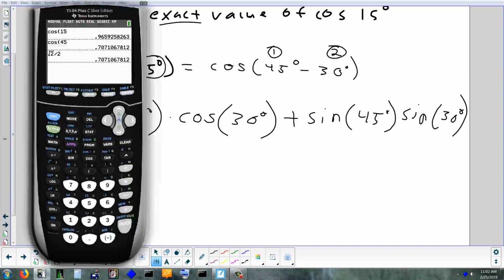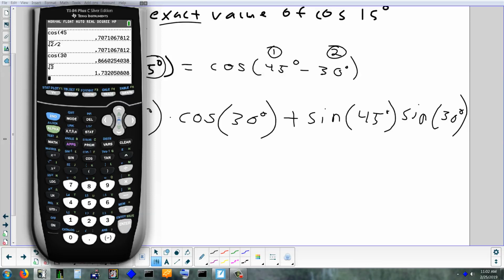Times. And now let's figure out what the cosine of 30 is. Okay, another decimal. Can't write it as a decimal, but this has to do with another square root. Which square root does this have to do with? Yeah. Okay, square root of 3. Yeah, this one has to do with the square root of 3. Let's look at what the square root of 3 is.